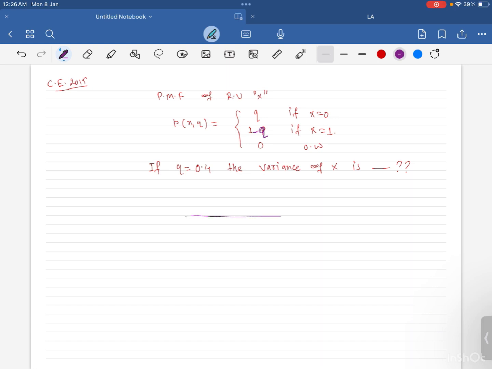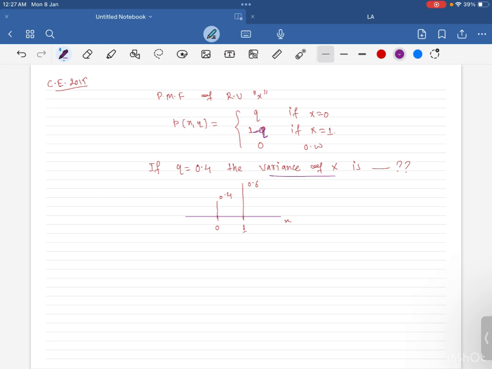So if you draw this PMF, the random variable x is taking 0 or 1, right? 0 with probability 0.4 and 1 with 0.6, right? So what we have to find is the variance of x.